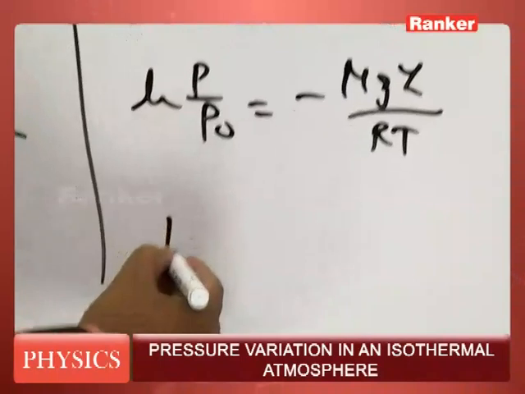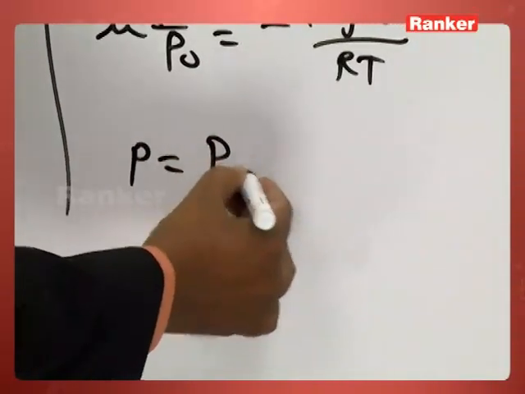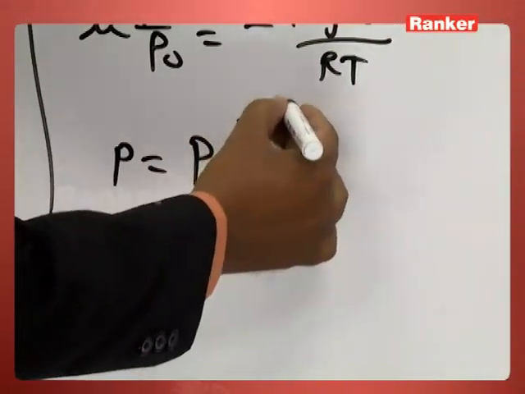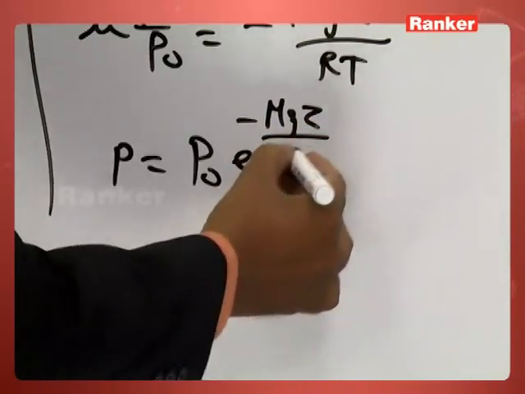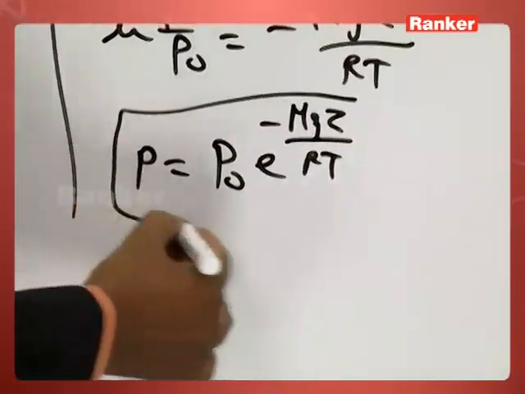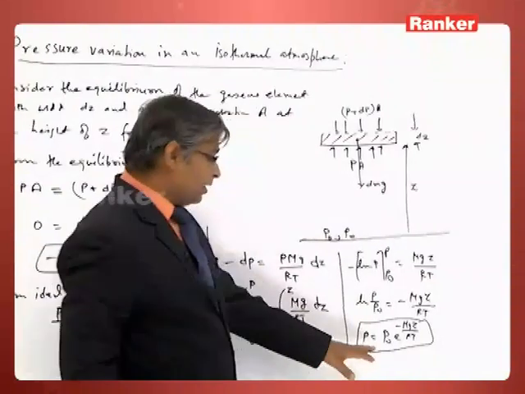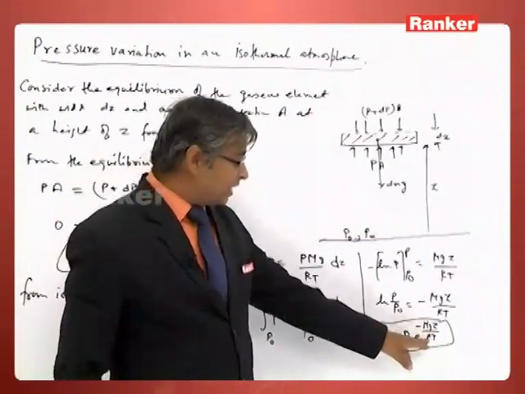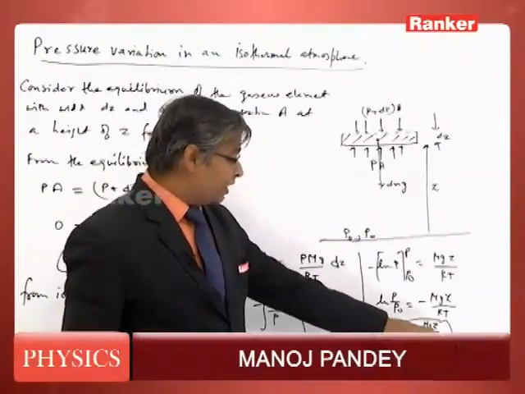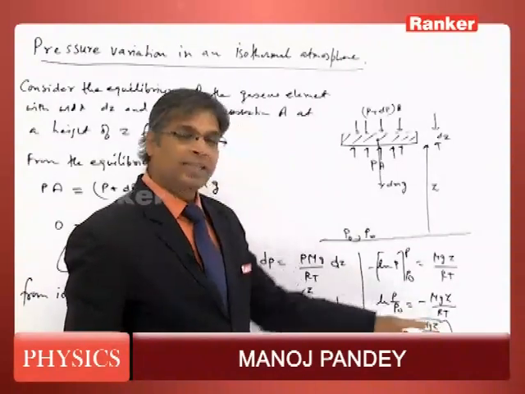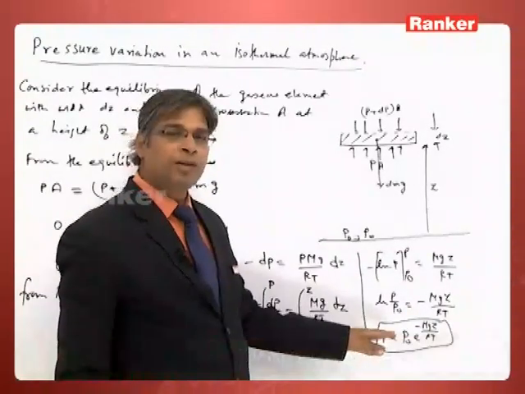So we will write P is equal to P naught e raised to minus Mgz by RT. So thus we see here that the pressure varies exponentially with the height z. This is how P varies.